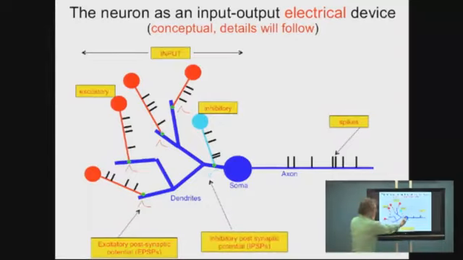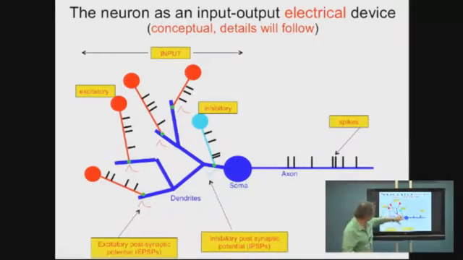All this region is the input region of the cell, and this we already spoke about. I told you that Cajal already thought that the dendritic tree is the input site of the cell. He didn't know that there are synapses. He did not know that there are two types of synapses, excitatory and inhibitory.